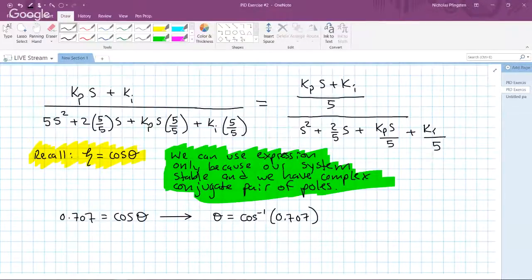So cosine inverse 0.707 gives us pretty much 45 degrees. Well, that's good to know, 45 degrees. All right. So that's a good place to be.